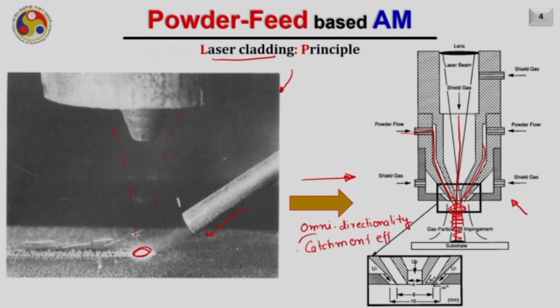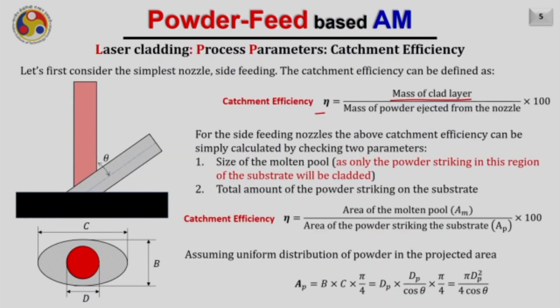So let us first talk about what this catchment efficiency is and how I can calculate it for a very simple laser cladding operation using a side feeding nozzle. The catchment efficiency eta can be given as the mass of the clad layer divided by the mass of the powder ejected from the nozzle, into 100. Experimentally we can easily do that.